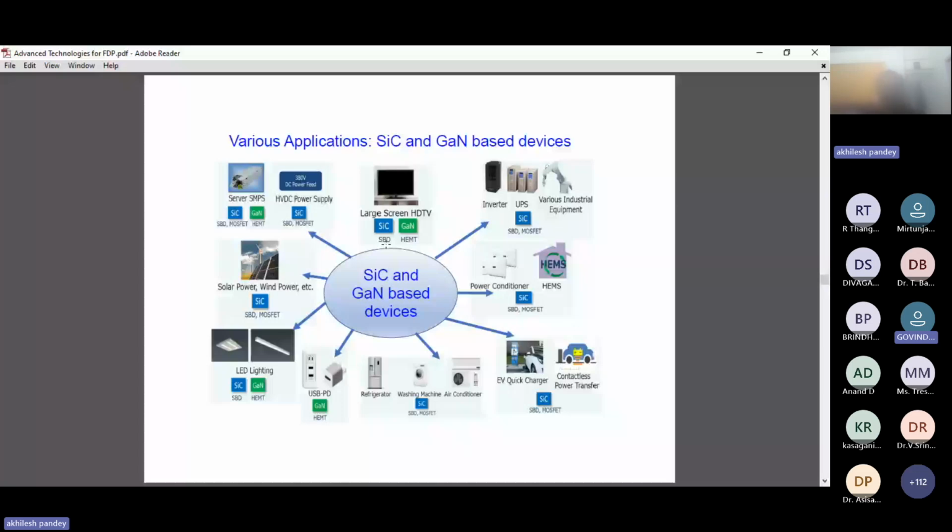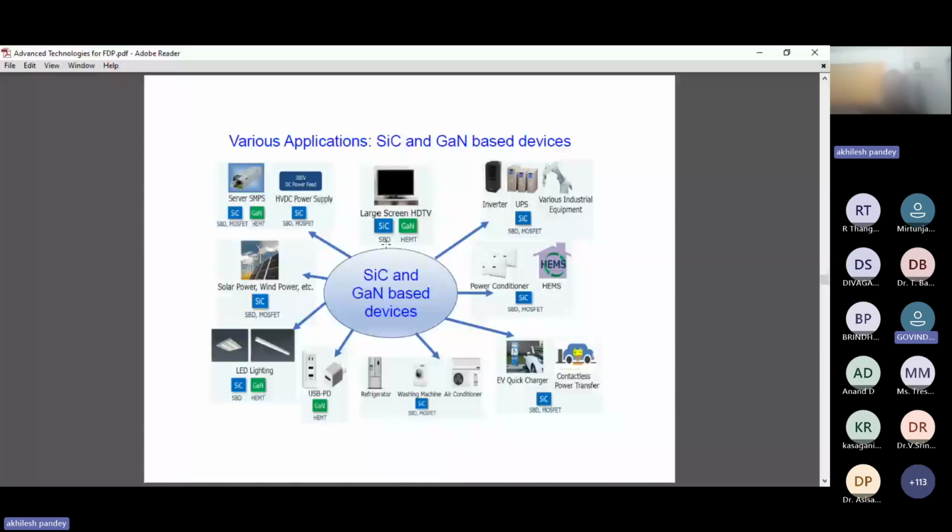Silicon carbide has been used for USB power devices, gallium nitride as well as HEMT, refrigerators, washing machines, air conditioners, LEDs, and lighting. Silicon carbide Schottky barrier diode. For gallium nitride, HEMT. And similarly for solar power and wind power, silicon carbide Schottky barrier diode or MOSFET.